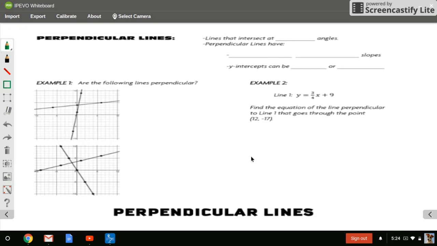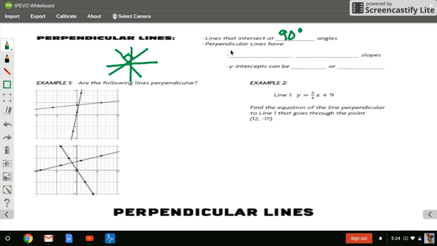So perpendicular lines. If parallel lines always ran together, perpendicular lines also run along each other. However, this time they intersect at a 90-degree angle. So it's exactly 90 degrees. Again, lines that intersect at 90-degree angles.